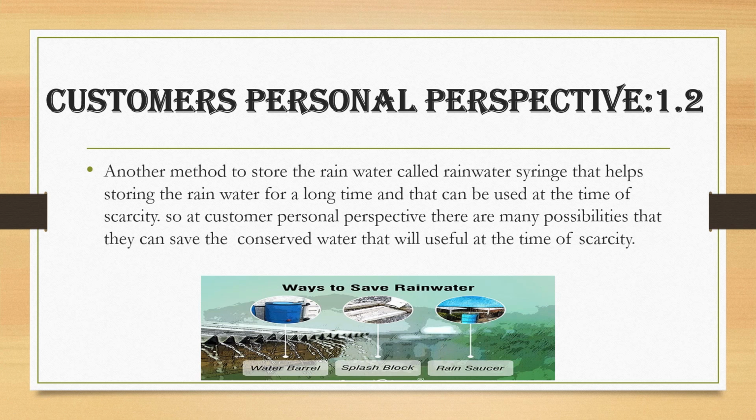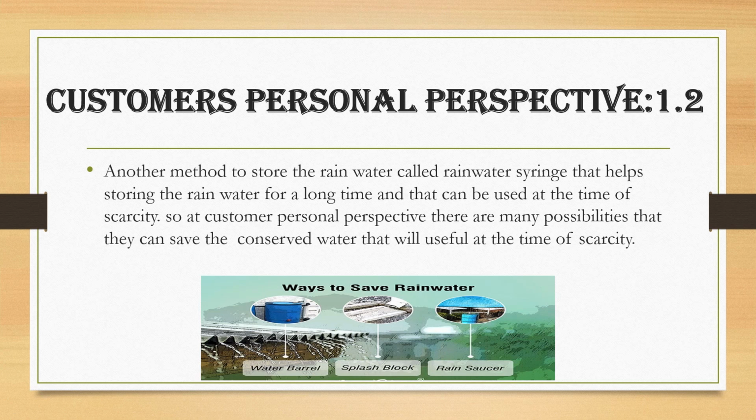In the end, I would like to say that from the personal perspective of the customers, they need to think about what the future will be. By predicting the future, if they protect or conserve the water in the rainy and winter seasons, that will be very helpful to them. There are many techniques, as shown in the picture: water barrel, splash block, rain saucer.